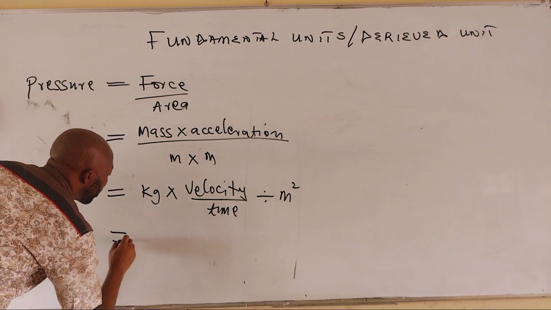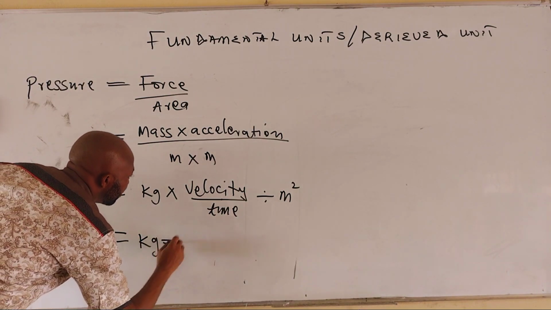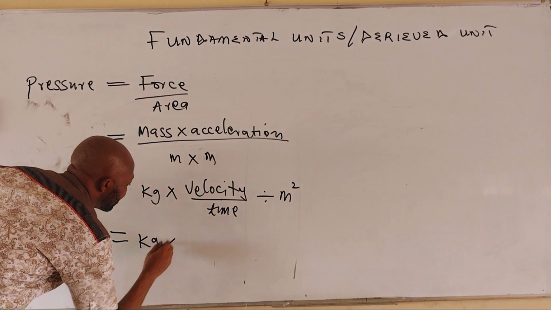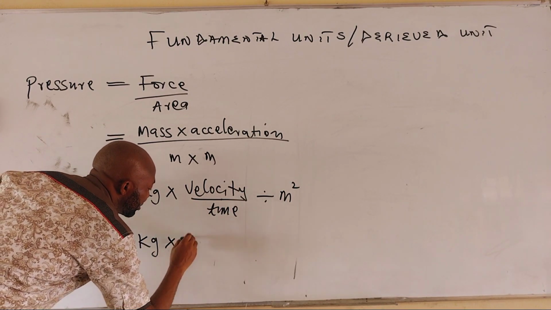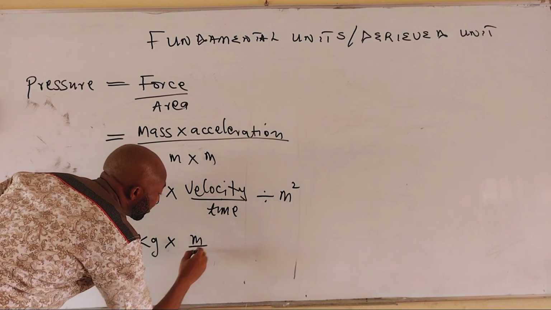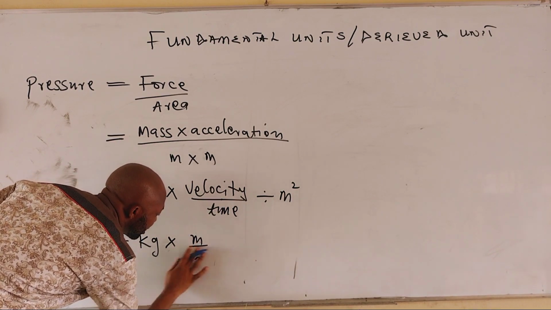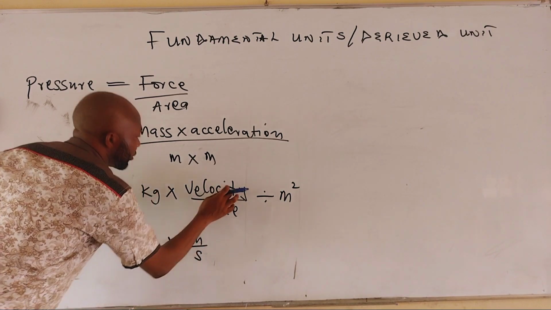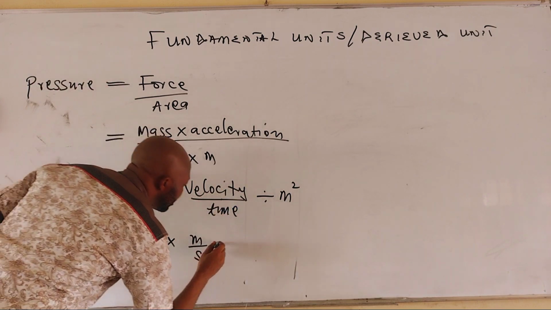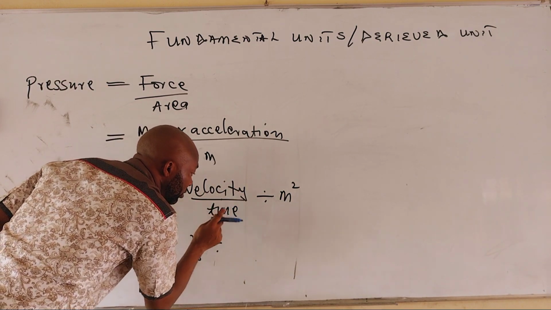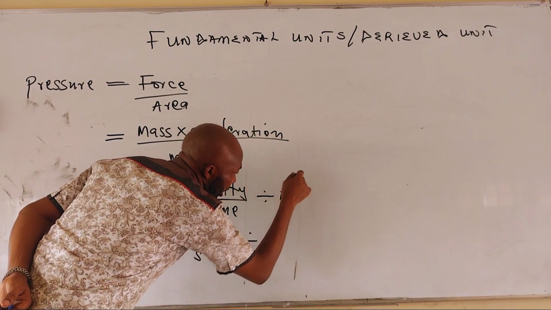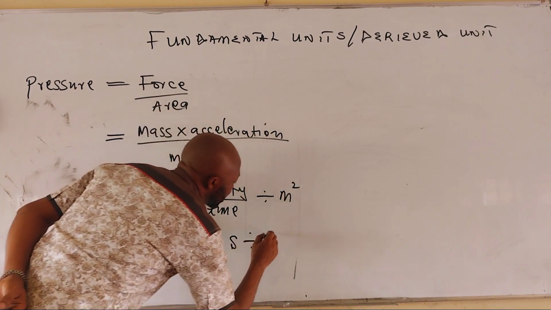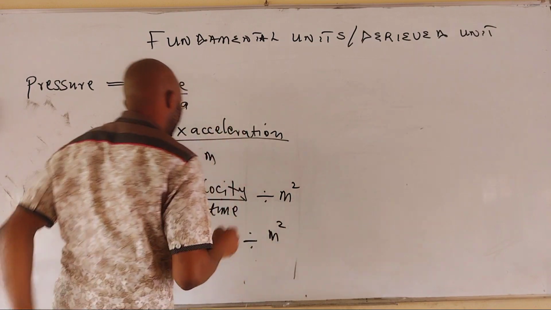So this equals kg times velocity, which is distance, in meter, over time, time is in seconds. This is for velocity. Now divide by second, which is time again. Now also divide by m squared.